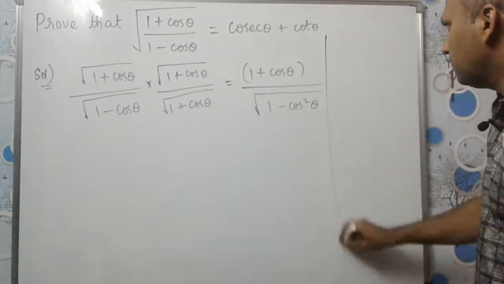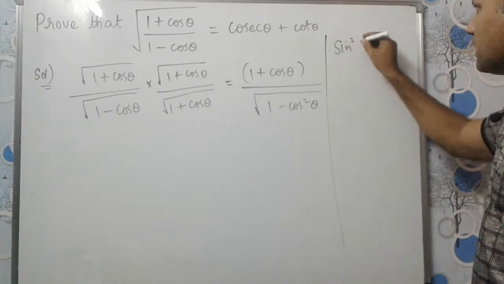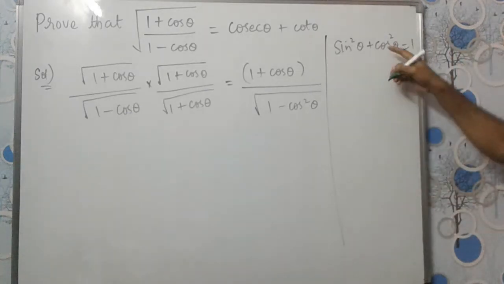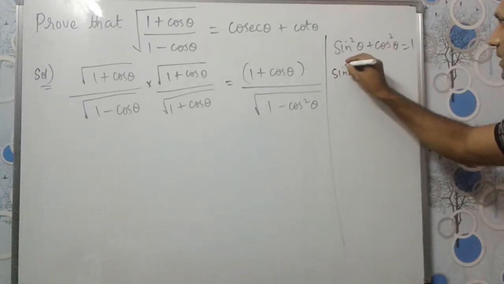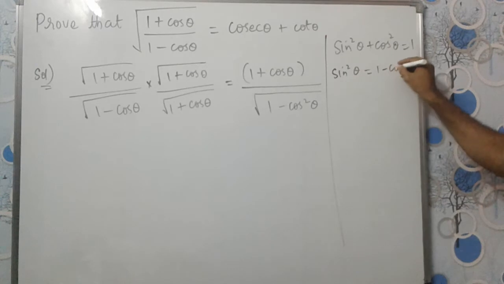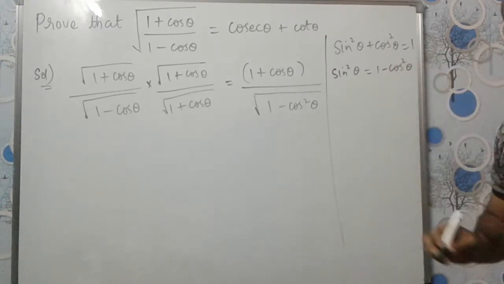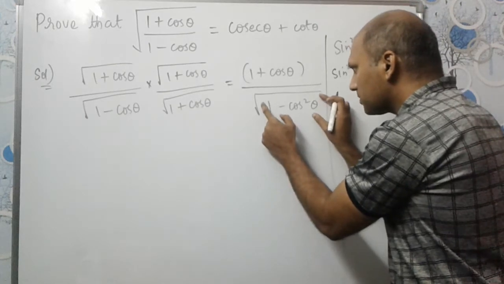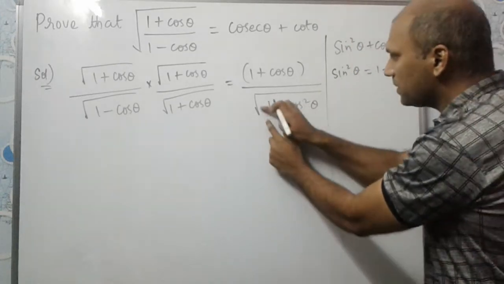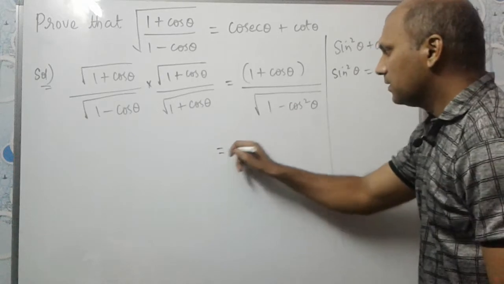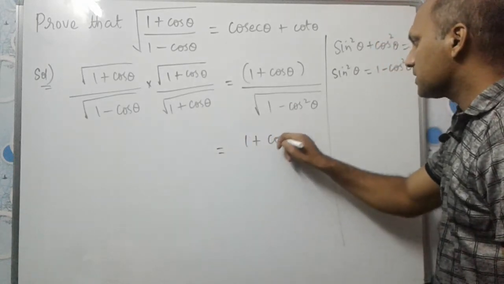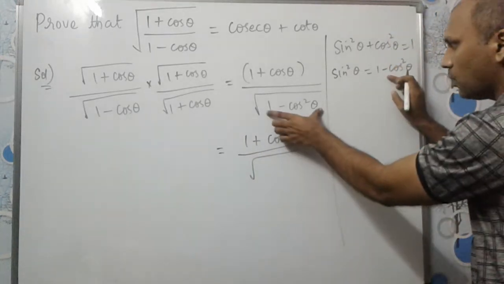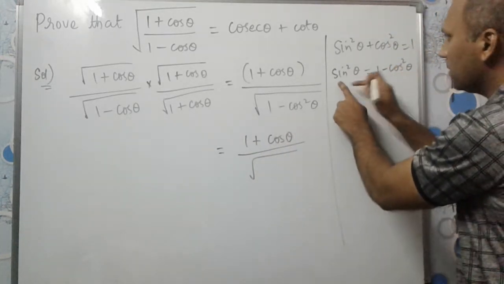Yes, we have an identity: sine square theta plus cos square theta is equal to 1. If you send cos square to the other side, sine square theta equals 1 minus cos square theta. So substituting sine square theta in place of 1 minus cos square theta, we have 1 plus cos theta divided by the root of sine square theta.